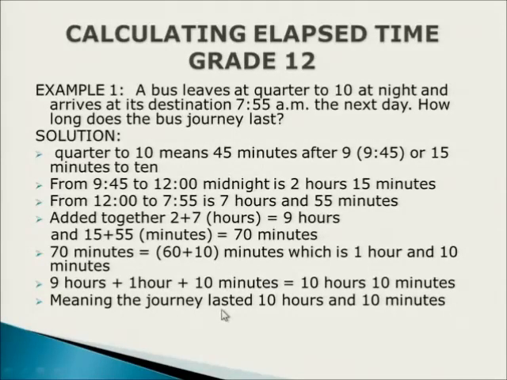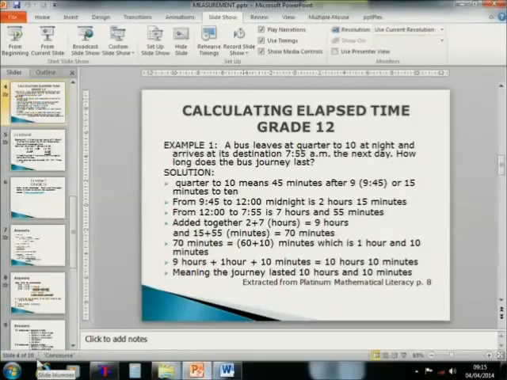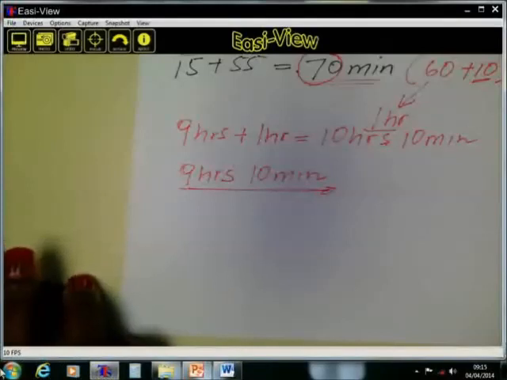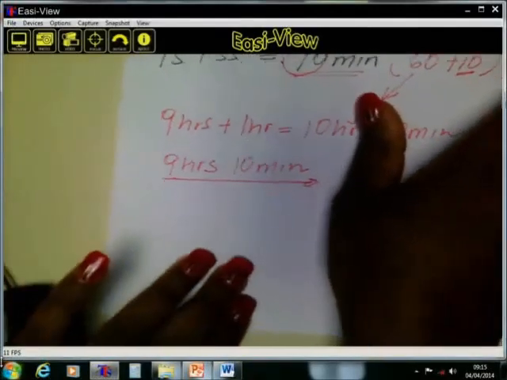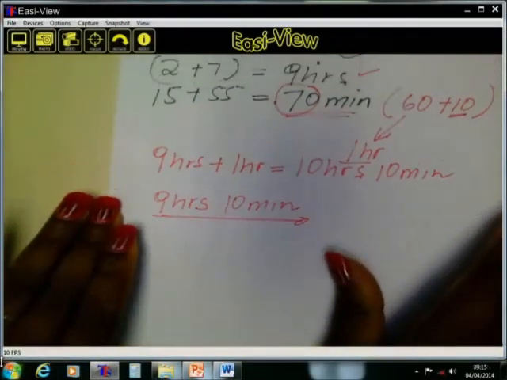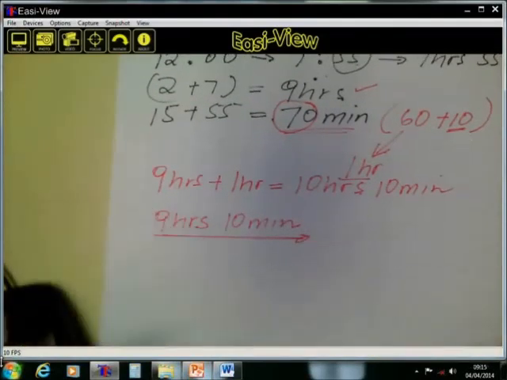Because when I showed the answers here, the last answer was that the journey lasted 10 hours and 10 minutes. However, the problem arose from my calculations, which was just a mere mistake, and thank you for noticing that.